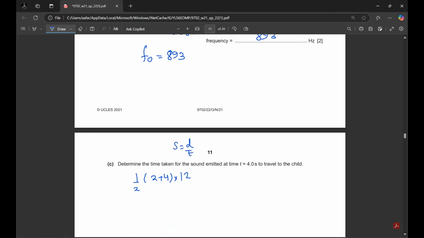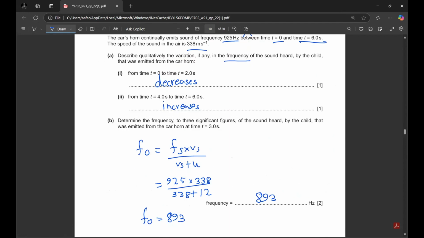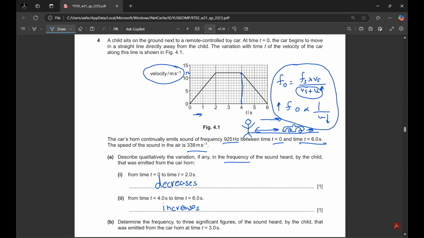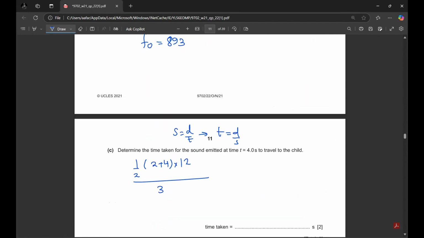And you know that speed is equal to distance over time, so time is equal to distance over speed. So we just divide this by the speed, which is 338 meters per second, and hence we calculate this.